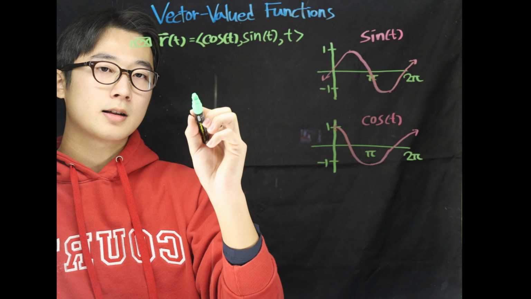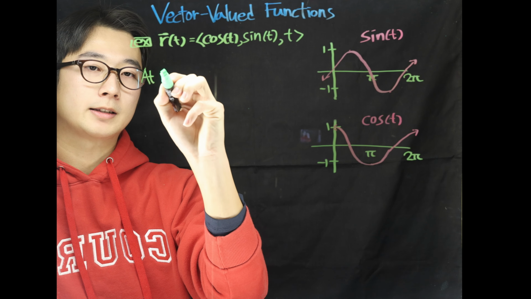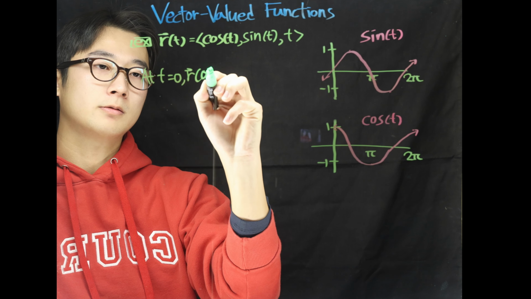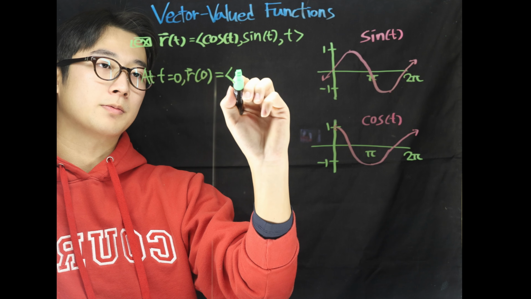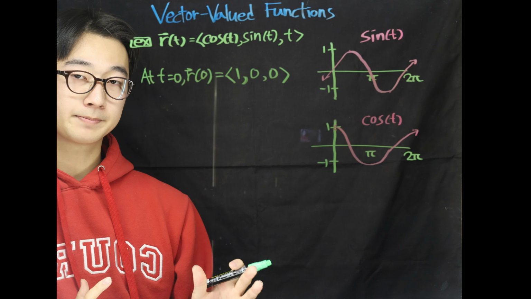First, let's see what happens at t equals 0. Then r of 0 is equal to cosine of 0 which is 1, sine of 0 which is 0, and 0, right?